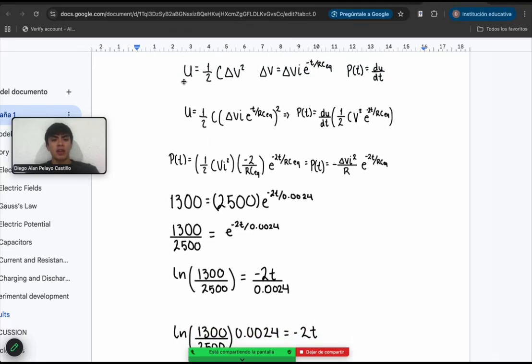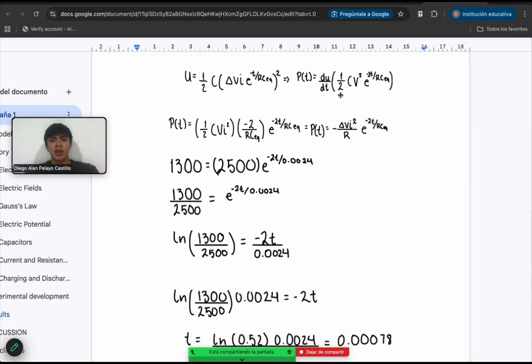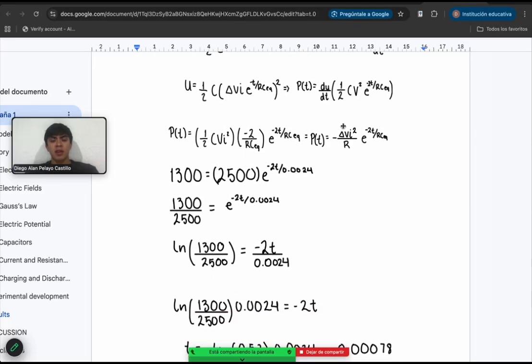So we know that these 3 formulas are the ones that we need, and we start changing the values of each one of them. As we see here, delta V is delta V naught times the current times e to the time over RC.